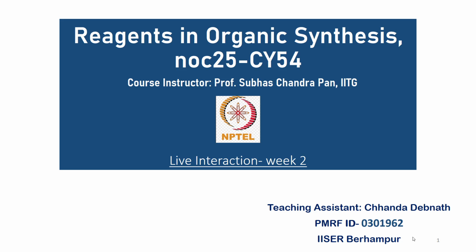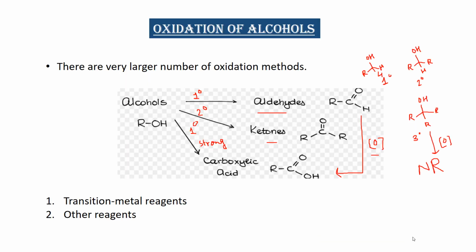So let's start. In the previous class I discussed the oxidation of alcohols. There are three types of oxidation possible. If the alcohol is primary, it will be oxidized to aldehyde.